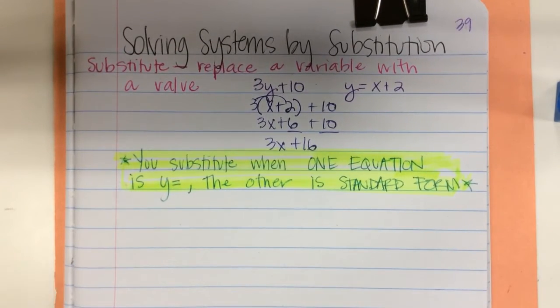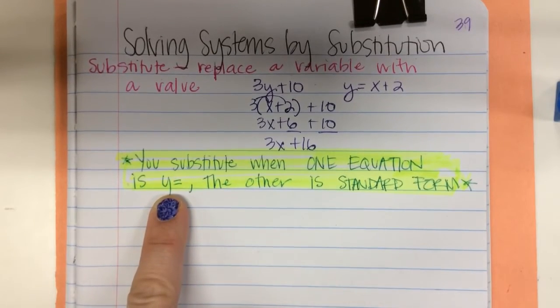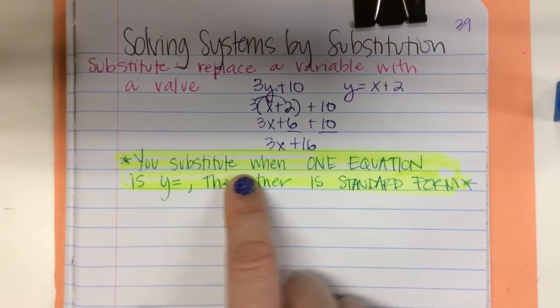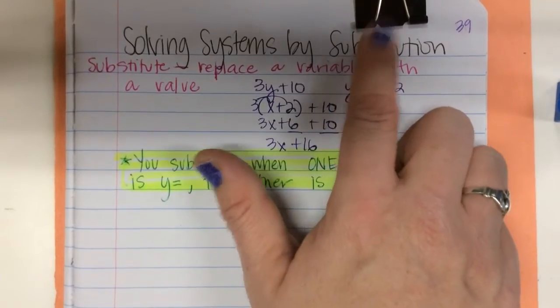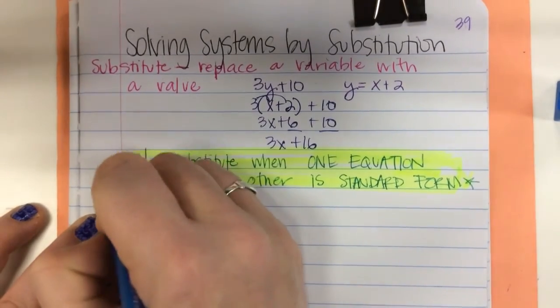If they're both written y equals, why not graph it? It's already set up for you to graph. But if one is in y equals and the other is in standard form, we're going to substitute. And there are 4 easy steps to follow.